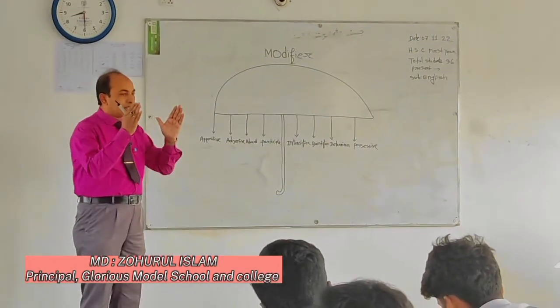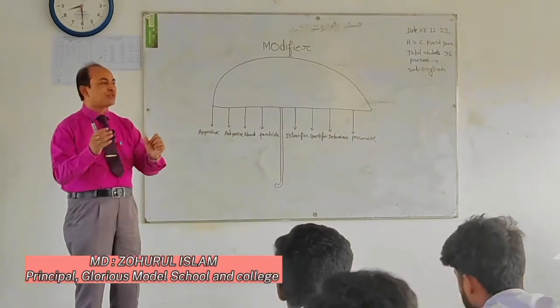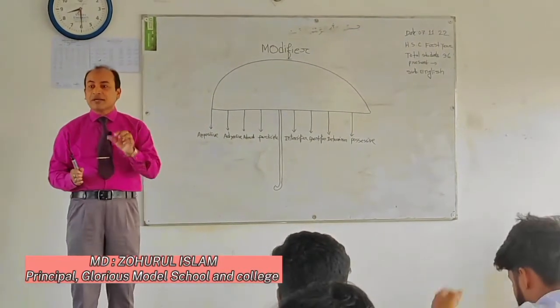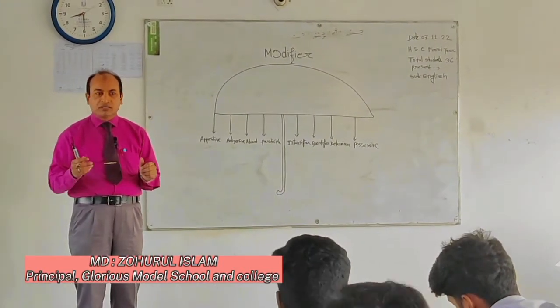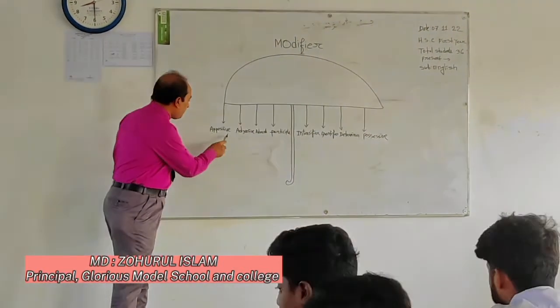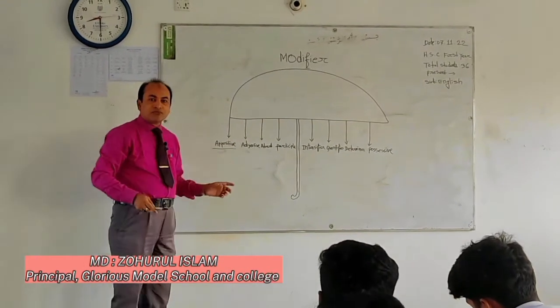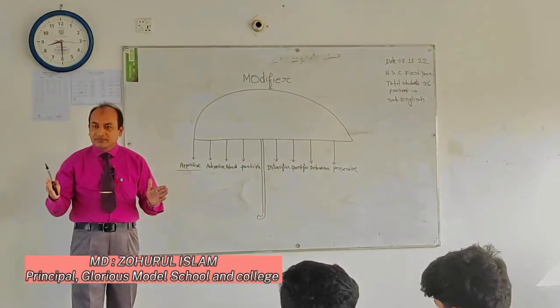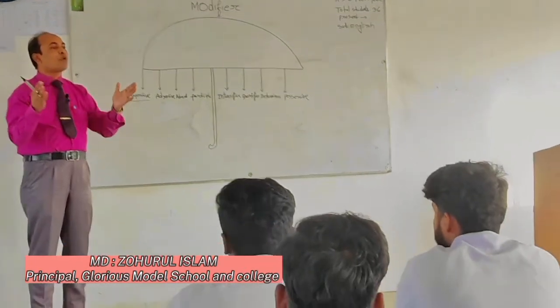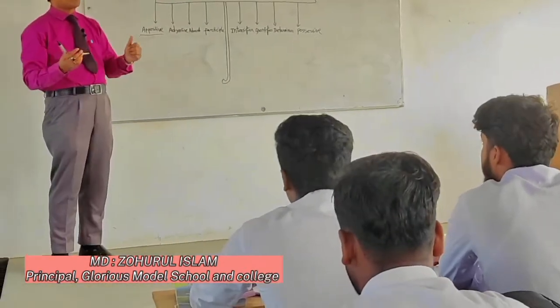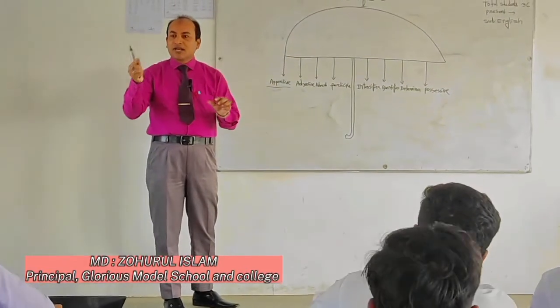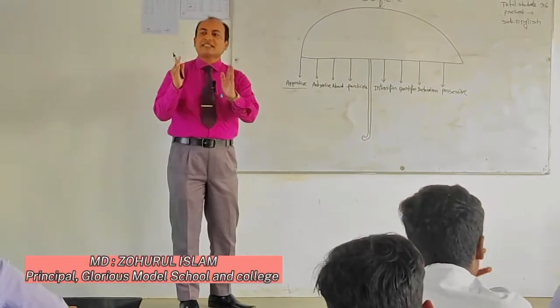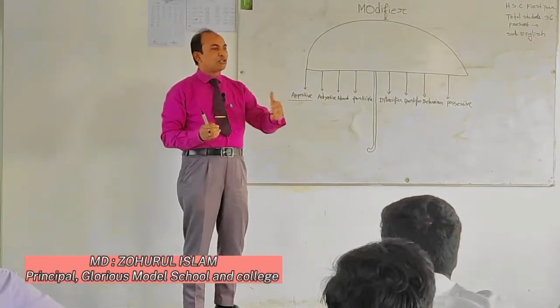So the great poet of Bengali literature, this is appositive. So appositive means here Rabindranath, is it noun or pronoun? It's noun. So appositive means the word that gives us some information about something or some person. Suppose Rabindranath, the great poet of Bengali literature, this is information about Rabindranath.